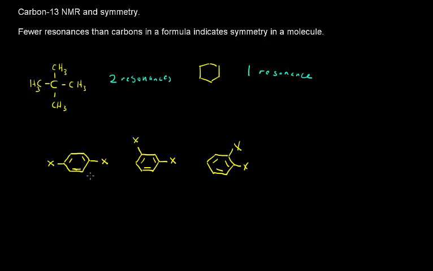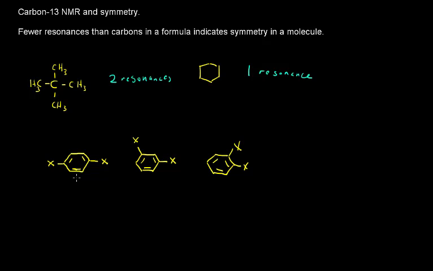Disubstituted benzenes can often be distinguished, if you have the same substituent coming off, by carbon-13 NMR. And so this is a para-disubstituted benzene, and we have 2 different types of carbon here because these 2 carbons, the carbons that the X groups are bonded to, are identical, and the carbons that are ortho to those X groups are also identical.